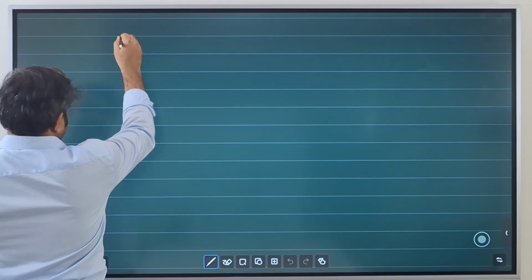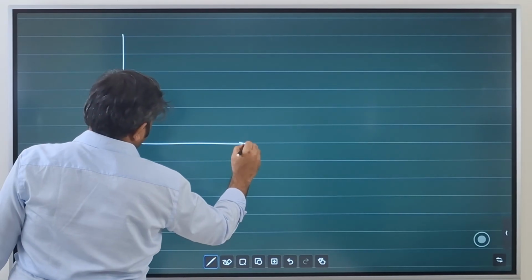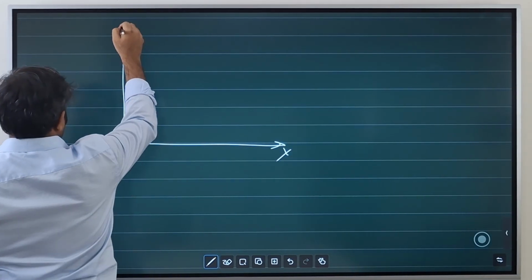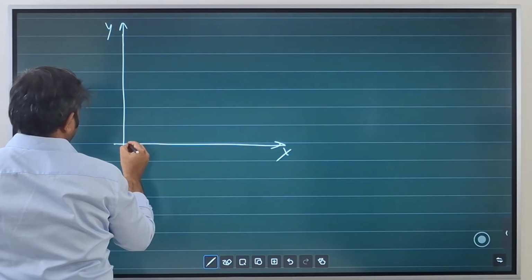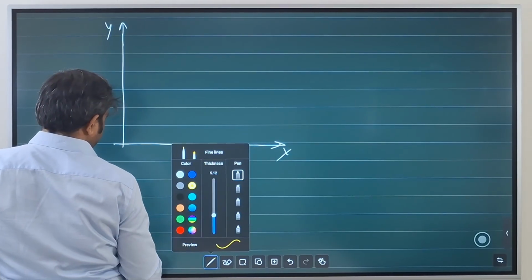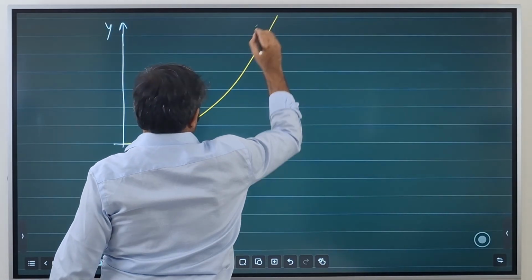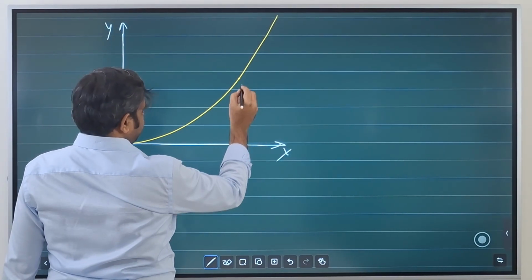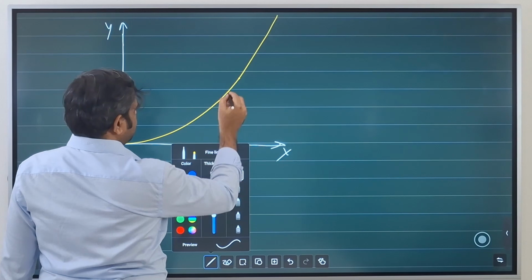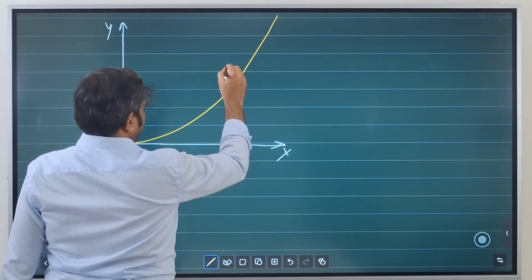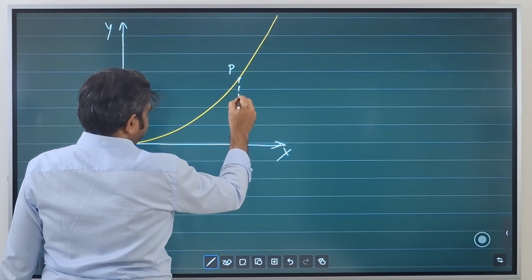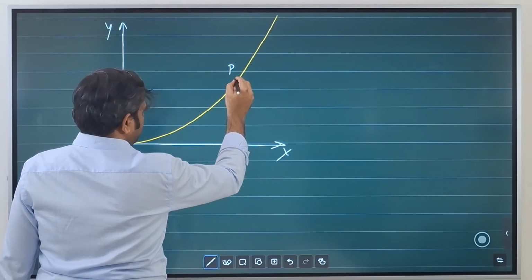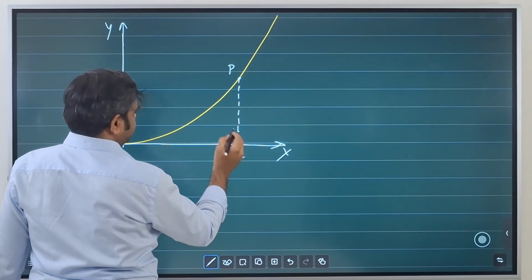Let's look at the same graph again. Look at this graph. I want to find the rate of change in y with respect to x at a particular point called P. Let me say the coordinates of P are x comma y.